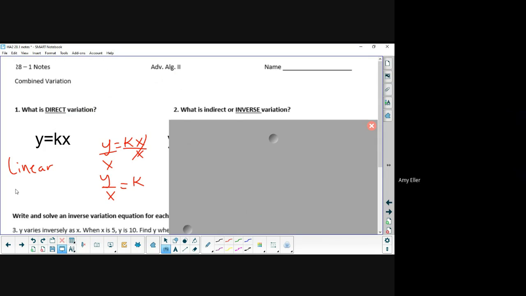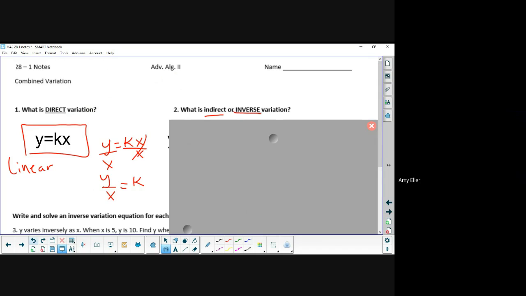The only time we ever use this is if I give you a table of values and you don't want to graph the table, and I say, is this table of x and y values a direct variation? Well, you could take every y divided by every x, and if you get the same constant every time, it's yes. If y divided by x is 3, y divided by x is 3, and y divided by x is 3, you keep getting the same constant value, you know it's direct variation. But this is the general equation we use.